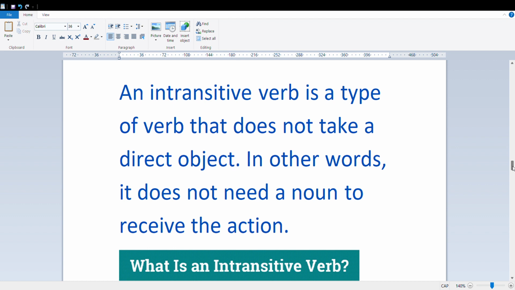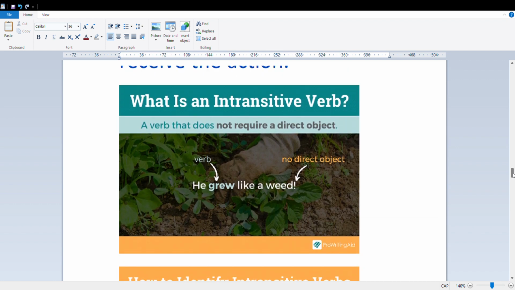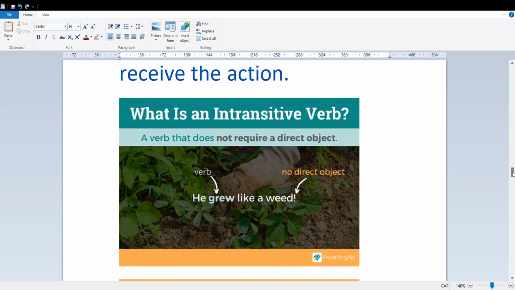In simple words, I can say it does not need an object to receive that particular action. Let's see more in detail what is an intransitive verb. A verb that does not require a direct object. Intransitive verb, simple. It does not require a direct object like the transitive verb.